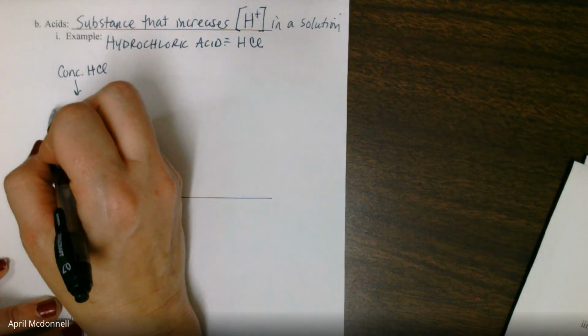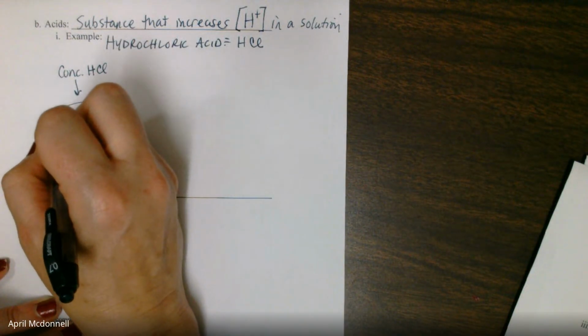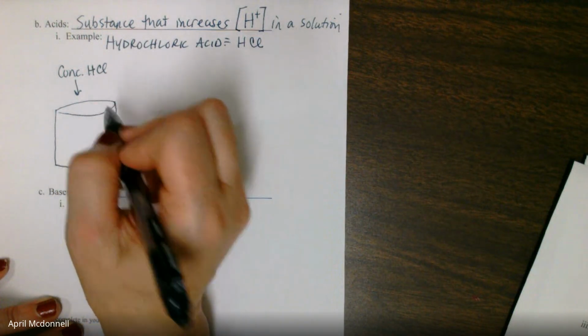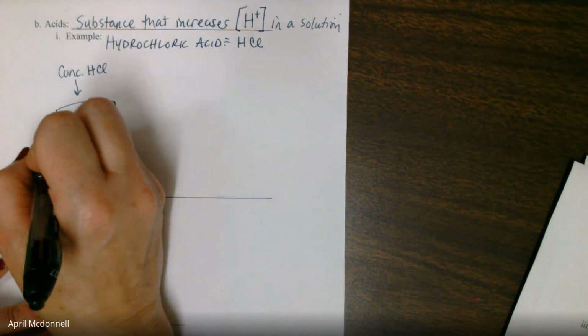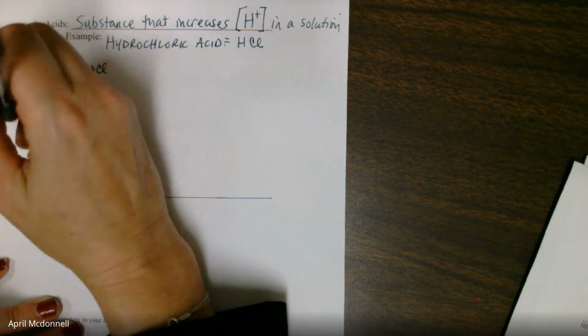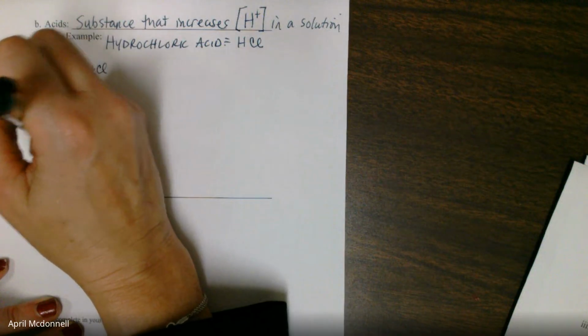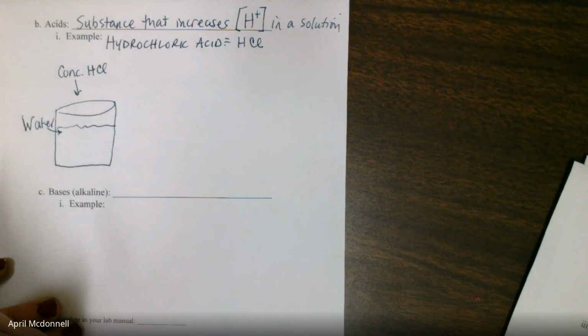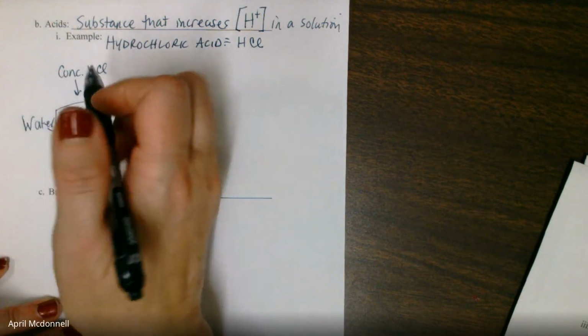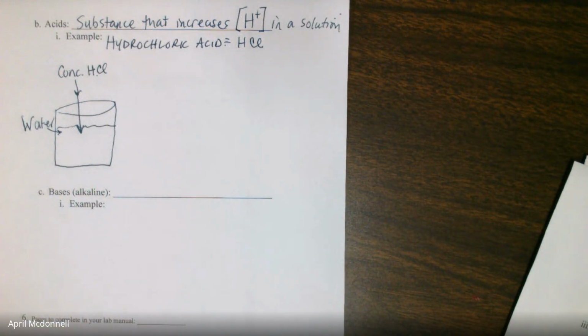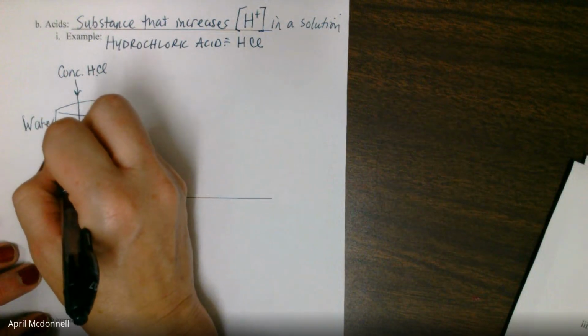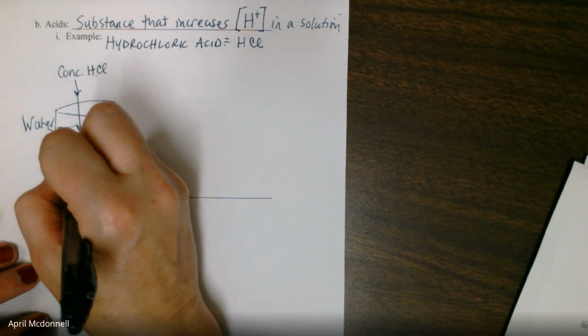So now I am making a very basic drawing of a beaker, and I am definitely no artist. I'm going to have water in the beaker because you should always add acid to water. And I'm going to add some concentrated hydrochloric acid into the water. What's going to happen is that hydrochloric acid will break apart, or what we call dissociate, into individual hydrogen ions.